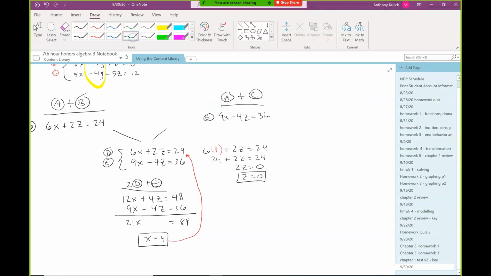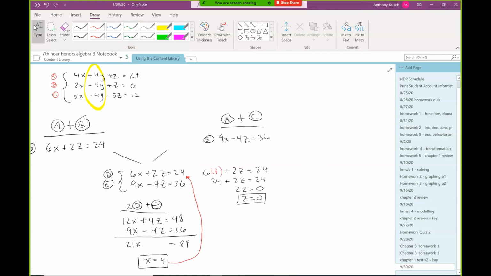And then my last step, I'm going to take both of these two answers and plug them back somewhere into equation A, B, or C, one of the 3 variable equations.